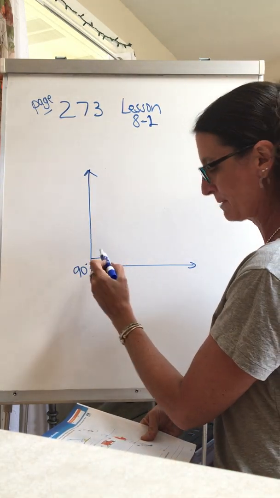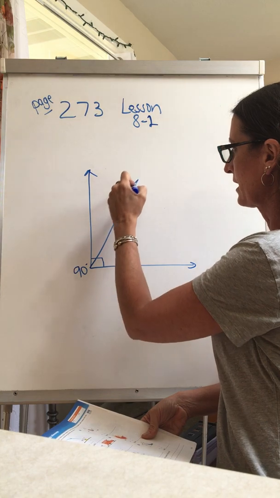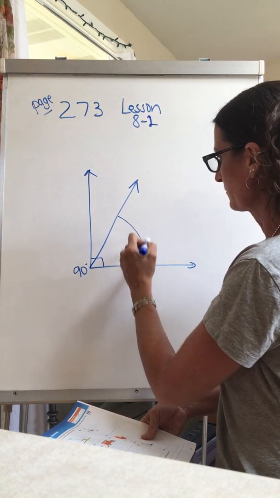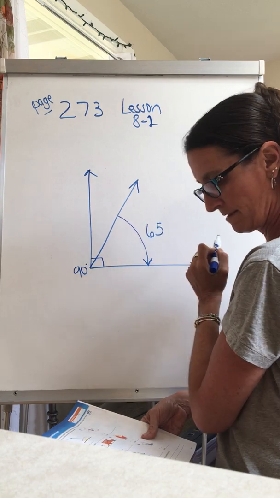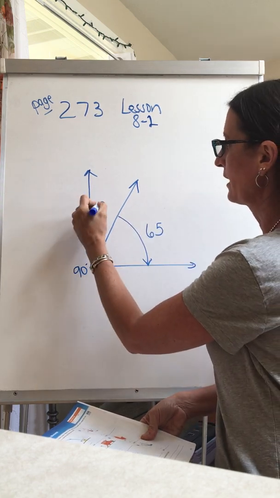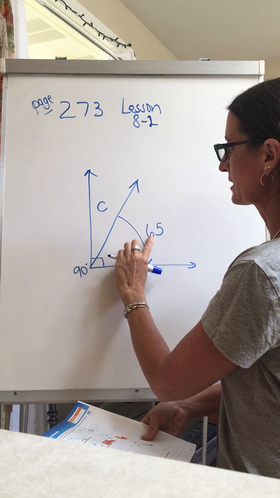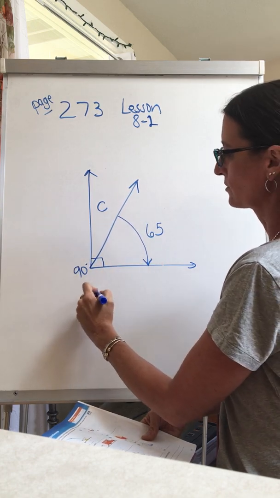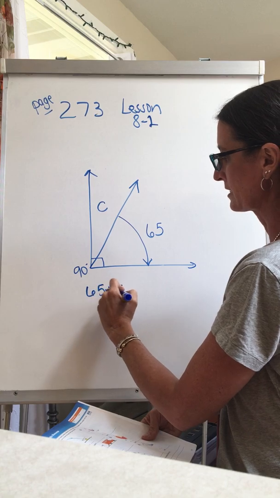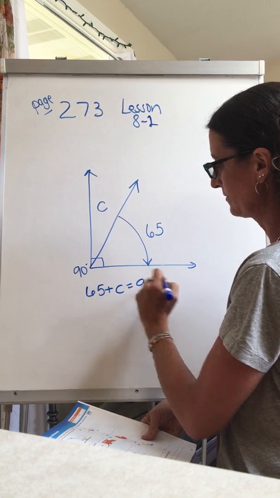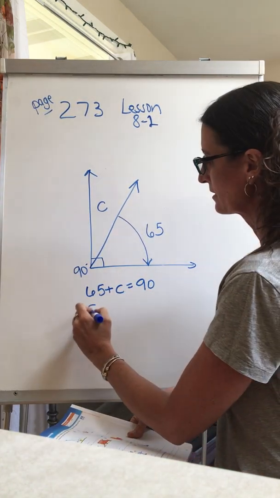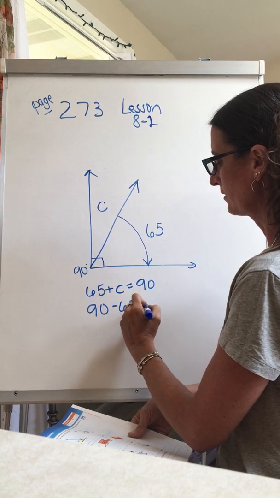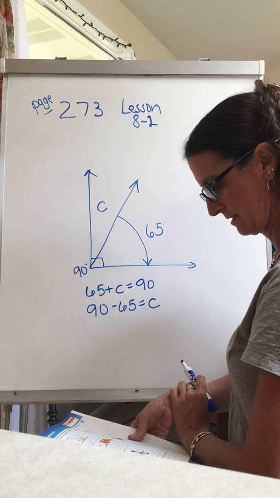So if the person's back is slanted to here, and it says this part is 65, then you know angle C plus 65 is a total of 90. So 65 plus C equals 90. And family of facts, 90 minus 65 equals letter C.